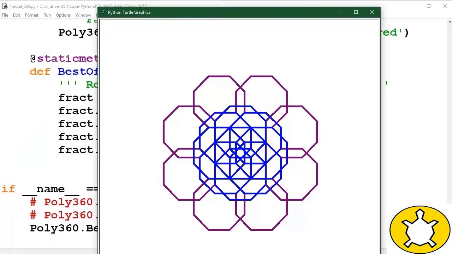And the inspiration for this particular class, which I'm calling Poly 360, came to me while I was reviewing the creations of many other fractals using Python.